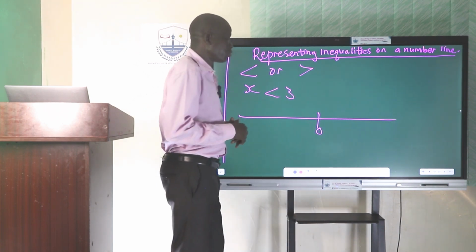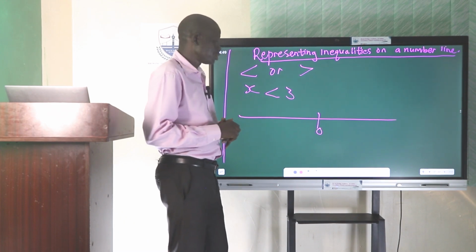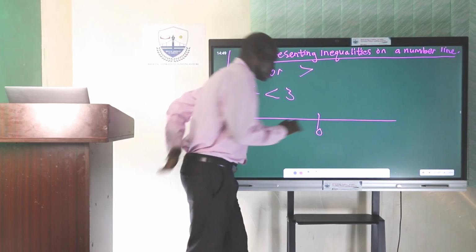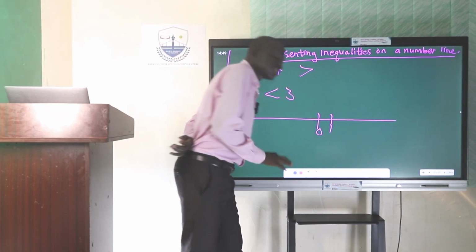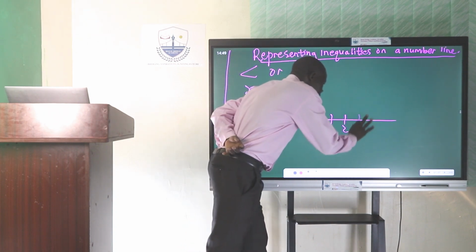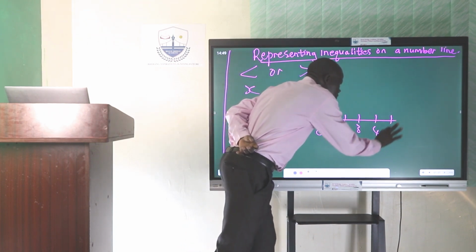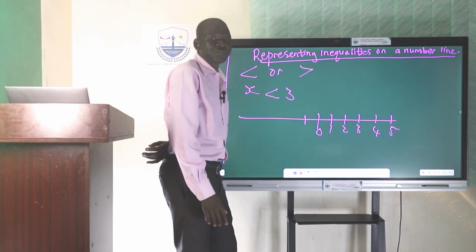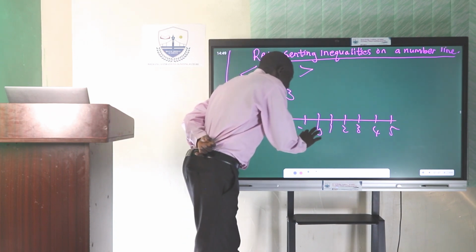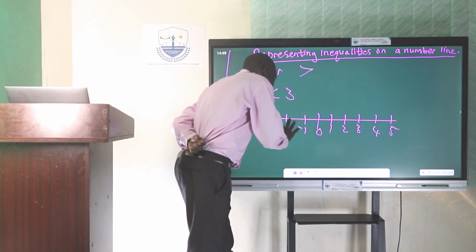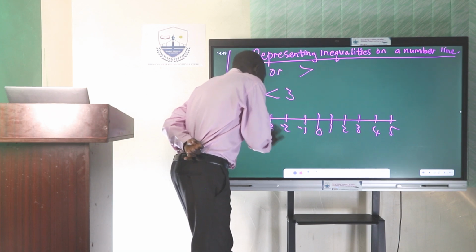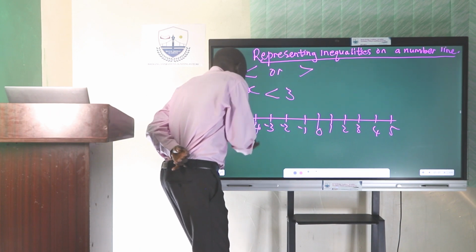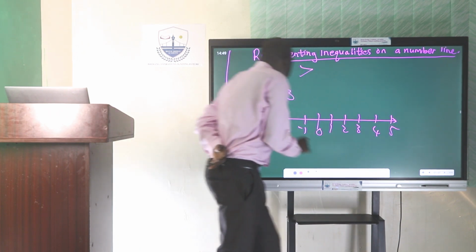A number line represents a set of integers. Figures on the right-hand side of 0 are positive numbers: 1, 2, 3, 4, 5, and so on. On the left-hand side of 0, we have negative 1, negative 2, negative 3, negative 4, negative 5, like that.